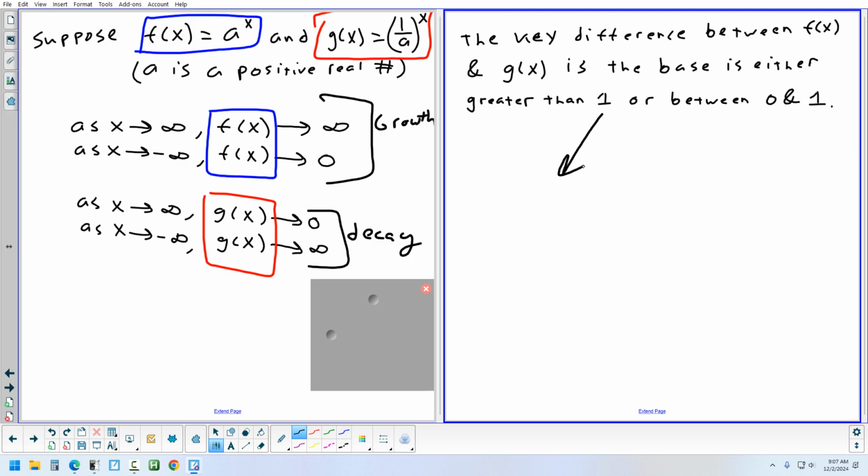If the base is greater than 1, that's growth. Growth looks something like that. Okay, curves up to the right. If you have something between 0 and 1, like 1/2, 1/3, 0.6, that's going to be decay. And decay looks something like that.